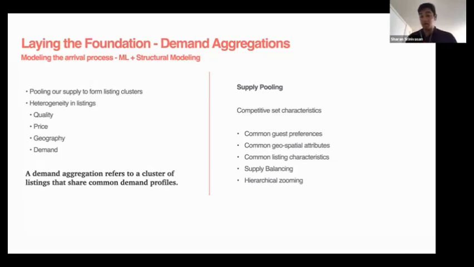Finally, we wanted hierarchical attributes, meaning we want to look at clusters at a hyper-local neighborhood level, as well as a much more zoomed out market level. Because market dynamics, as you can imagine, change at a market level. Maybe it's high season for San Francisco, low season for San Francisco, but maybe if there's a NIPS conference going on at Stanford, that particular hyper-local geography is facing a demand spike. So we'd really like to account for these.